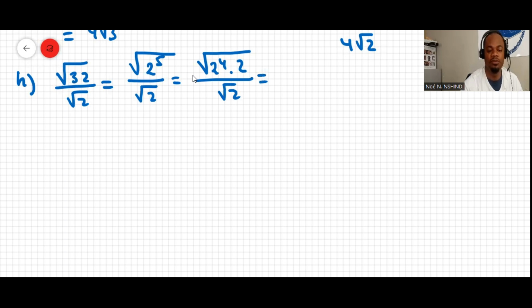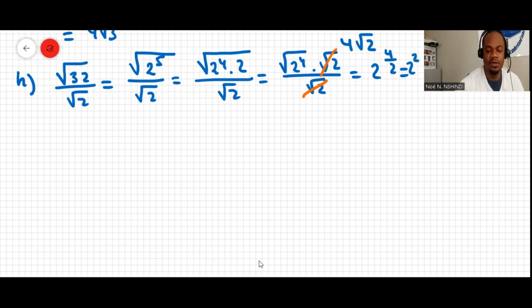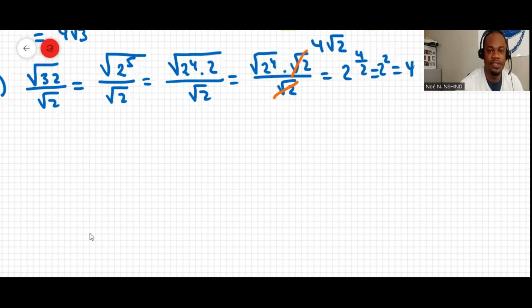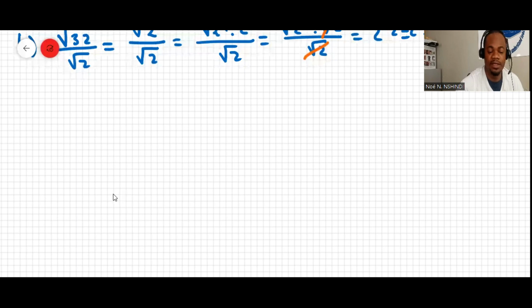This can be broken down into root of 2 to the 4 multiplied by root 2, over square root of 2. Then we can simplify this one and that one, and the answer is just 2 to the 4 over 2, which is equal to 2 squared. And that's equal to 4. That's H, and then we can do I.